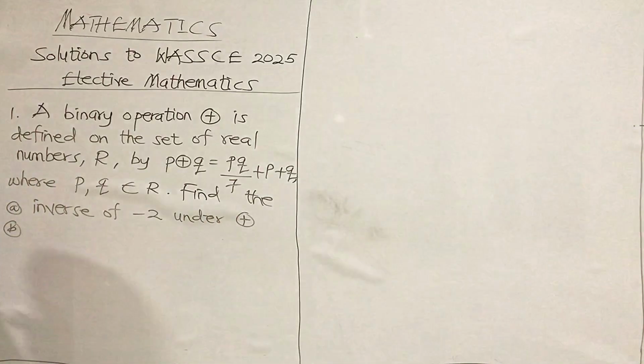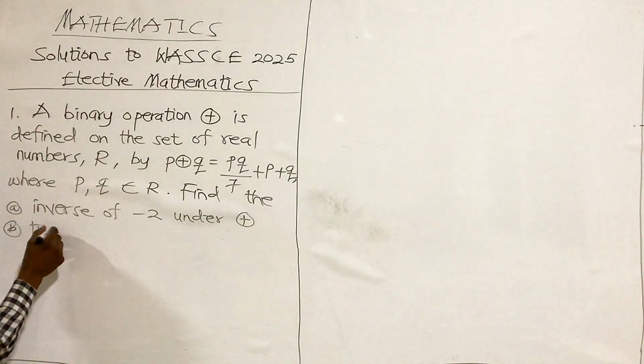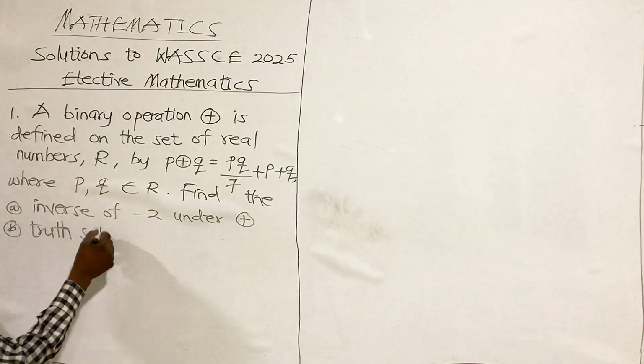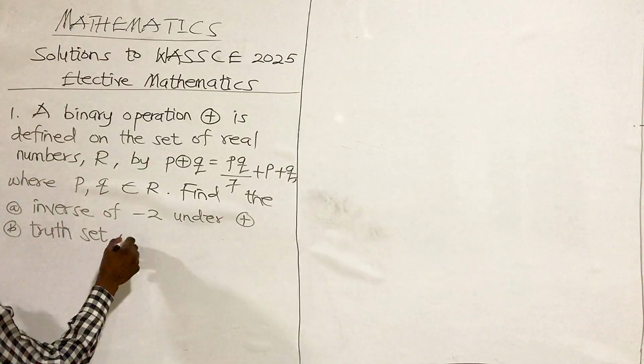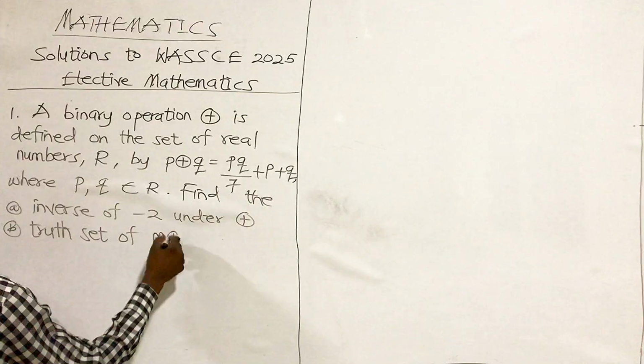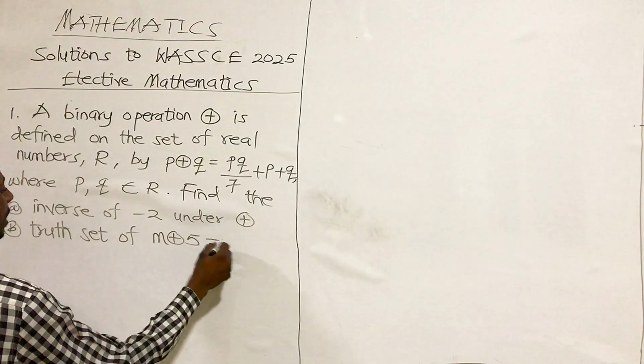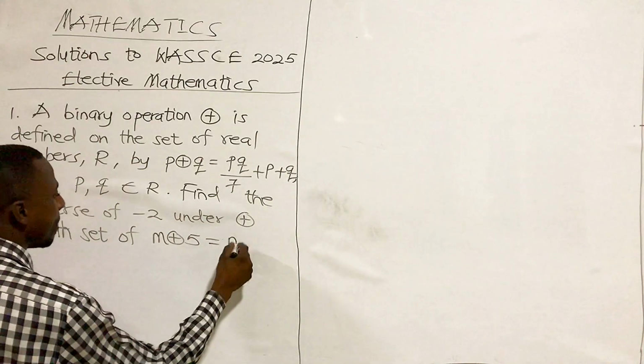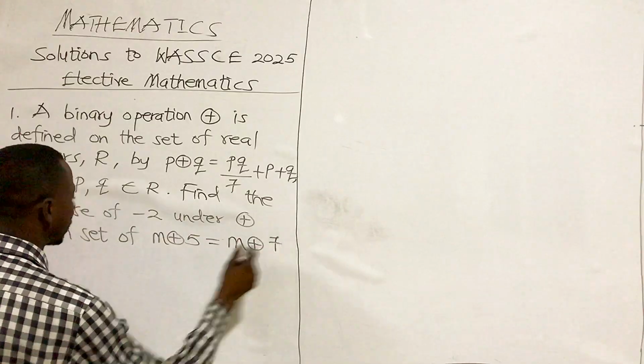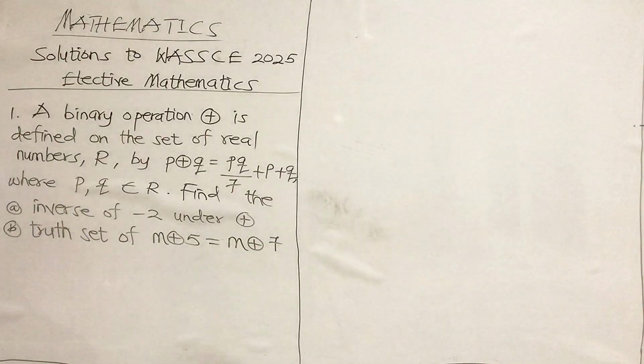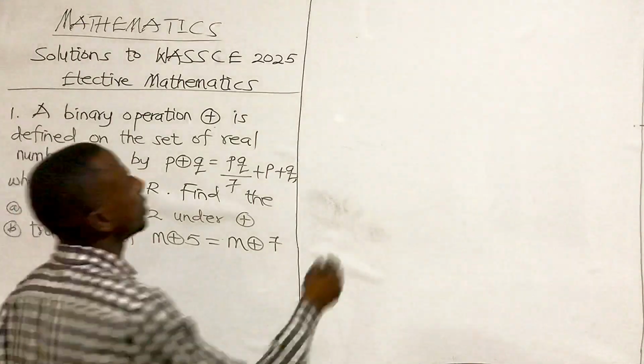B, the truth set of M circle plus 5 equals M circle plus 7. And this is the question for number 1. So let's look at the solution.